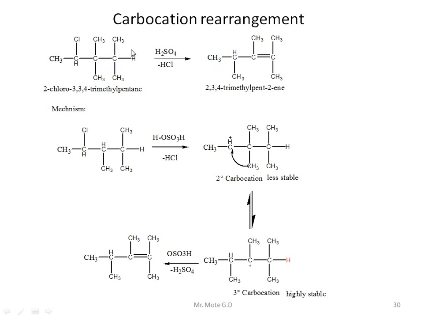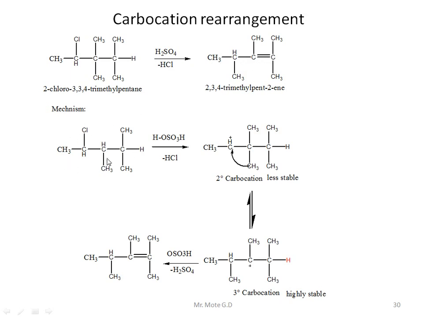So removal of these to form a double bond in between these, and removal of Cl leads to migration of a CH3 group to this, and formation of a double bond in between this, that is called carbocation rearrangement reaction.